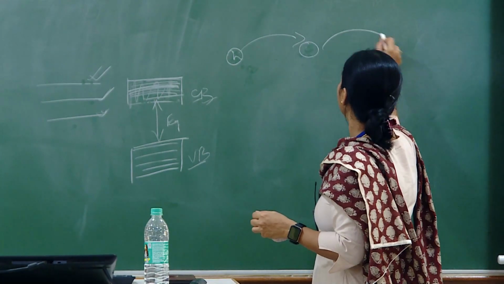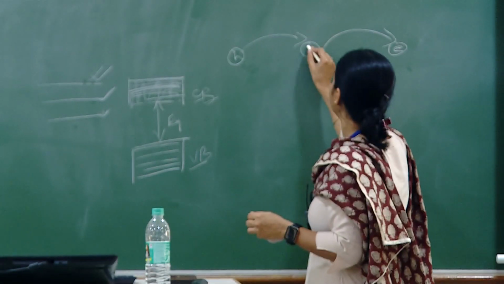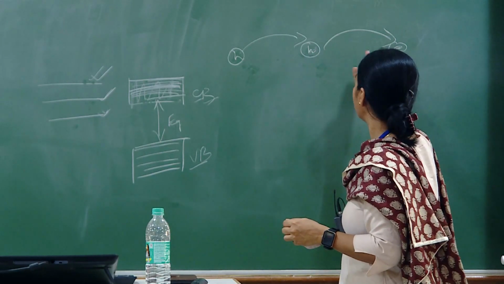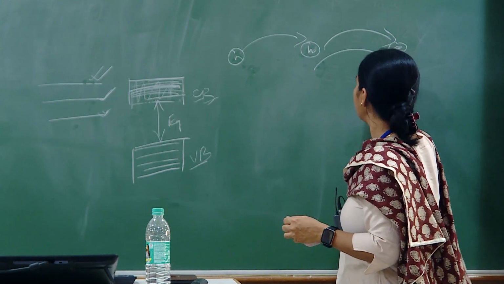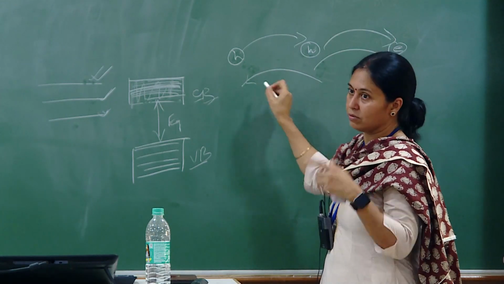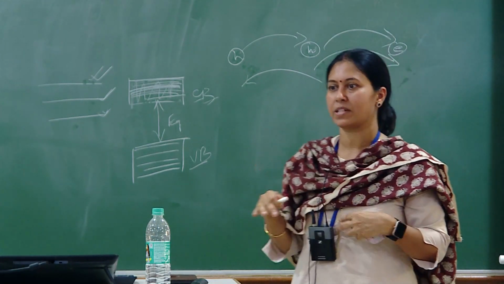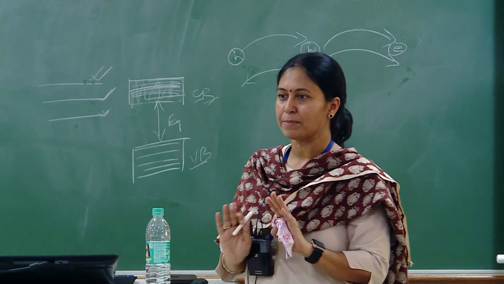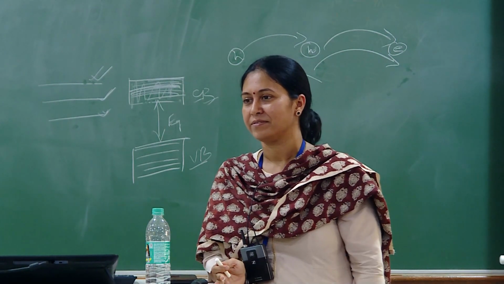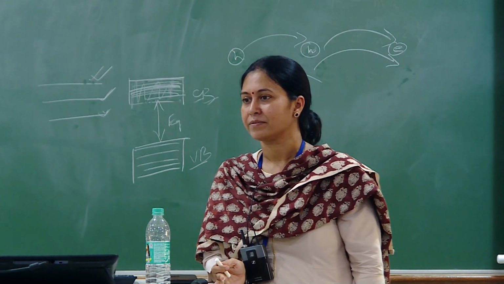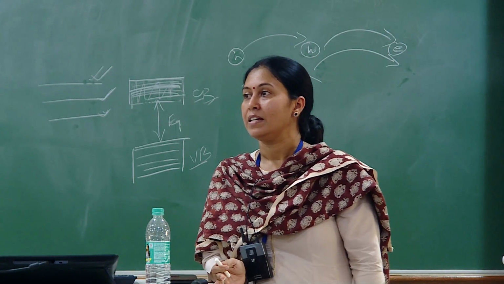Similarly, if it moves from here to here, there is a hole here. So it is the absence of electron. When the electron moves here, the hole is supposed to move in the opposite direction. This is a simplistic representation of a hole. Ma'am, I'm not able to understand how the hole reacts with water and converts the hydroxyl radical to the ion.